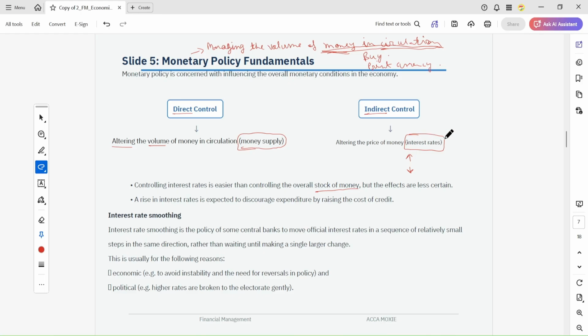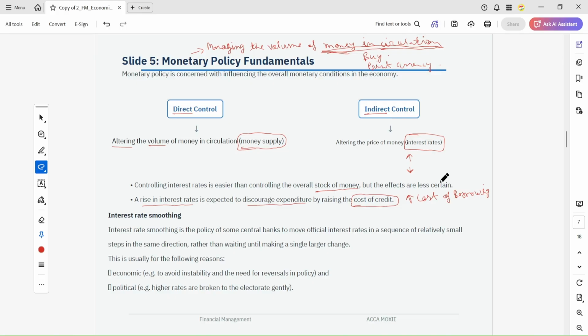When you raise the interest rate, that will discourage expenditure, because the cost of credit, the cost of borrowing, will increase. It will be an additional expense for companies that want to invest in a project. When a company tries to invest, it has to incur the additional cost of borrowing.